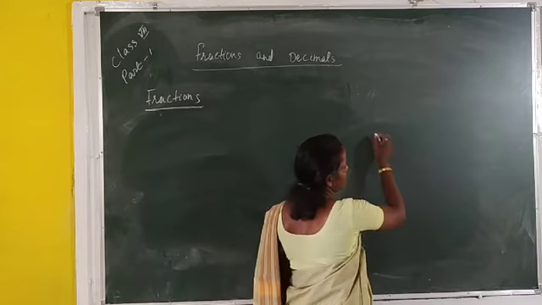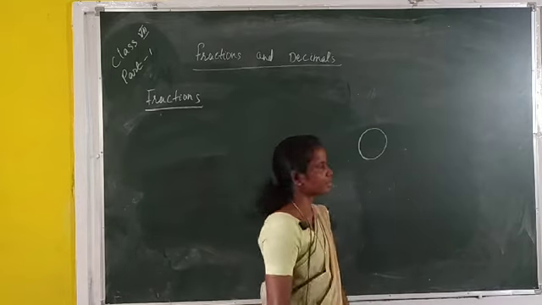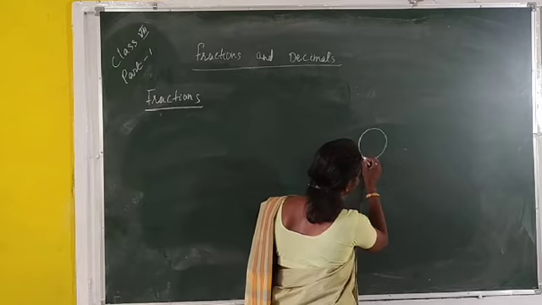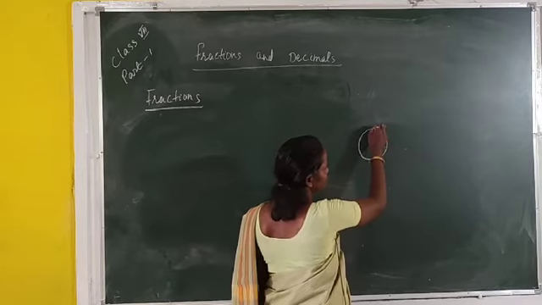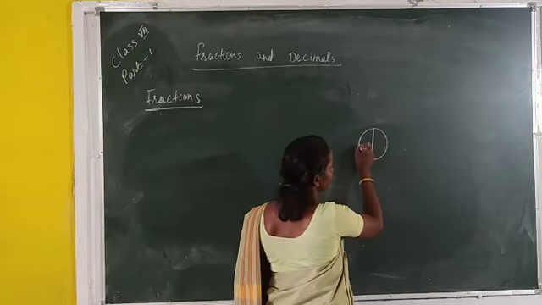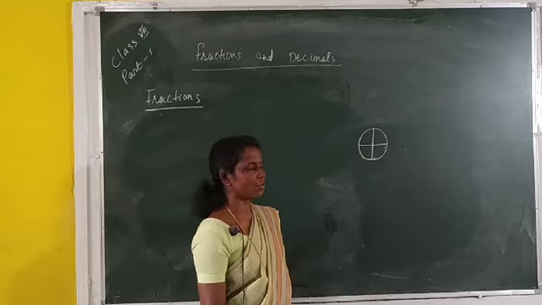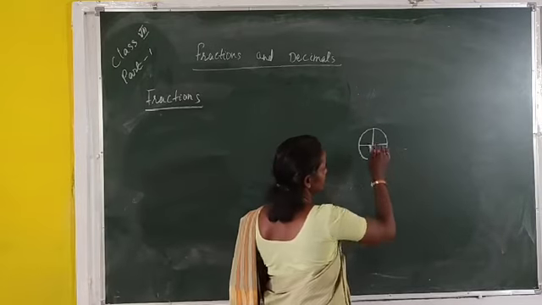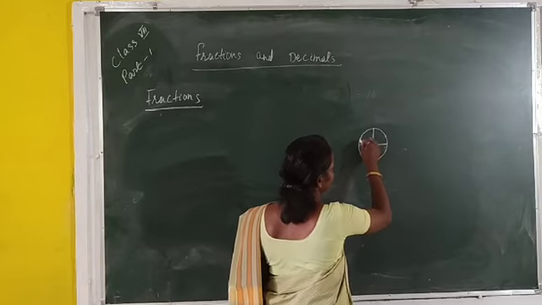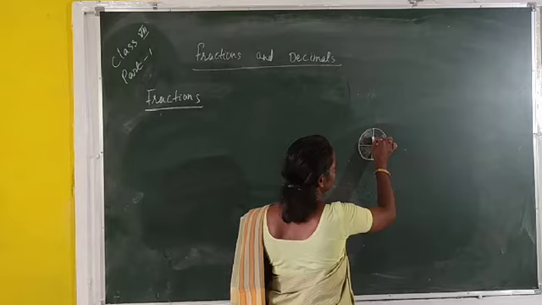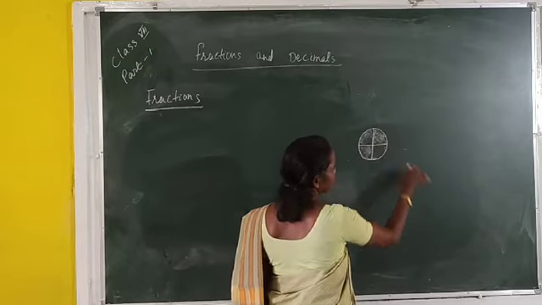Look at this circle. This circle is divided into 4 equal parts, and I shade 3 portions here.